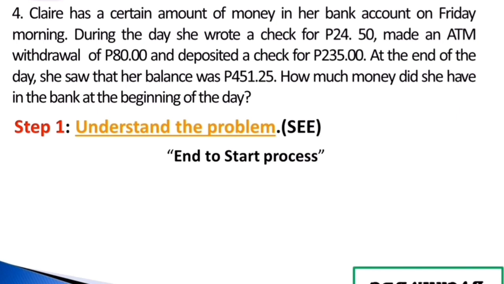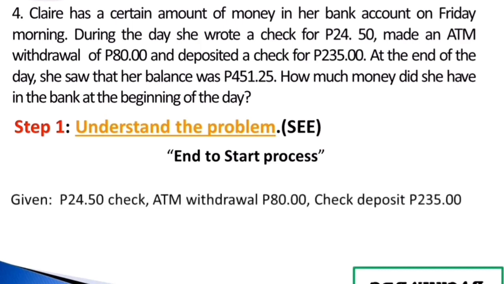We cannot have the right answer if we start at the beginning. In short, we're going to start the solution from the end to the beginning. Okay, so here we have the given: 24.50 as the check, 80 pesos for the ATM withdrawal, and 235 pesos for the check deposit.